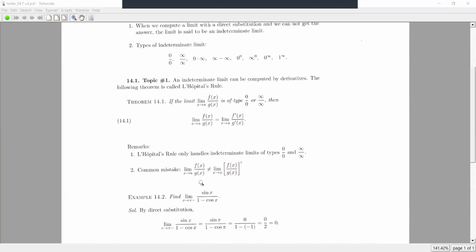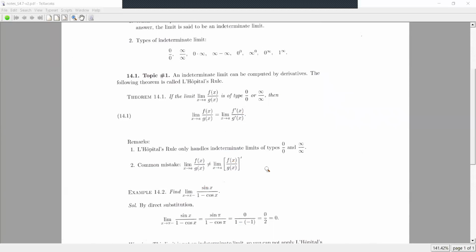This is wrong, okay? Take the derivative separately on functions f and g. Now, in the following, let me show you examples of how to use this formula to find indeterminate limits.